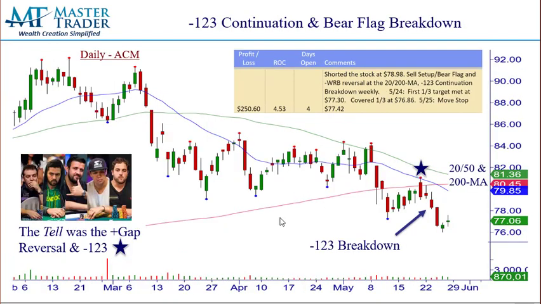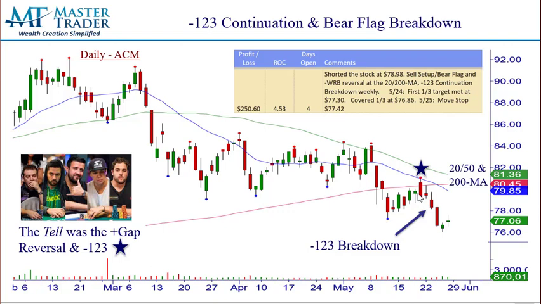A couple others here. Again, we use moving averages just to speed up the analysis, but notice here the declining 50, the declining 20. Every one of these were attempts to move higher, and they failed. This particular setup is consolidation in a downtrend.